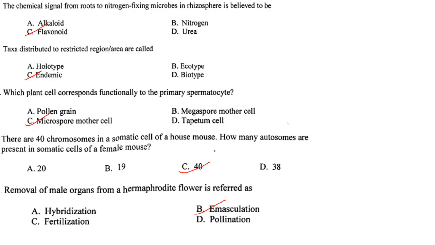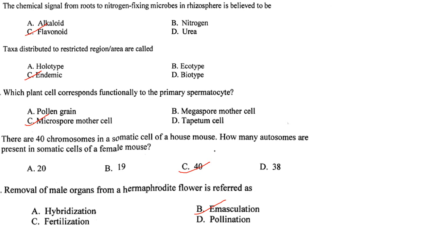The next one. The chemical signal from roots to nitrogen fixing microbes in the rhizosphere is believed to be flavonoid. Then taxa distributed to restricted region or area are called endemic.